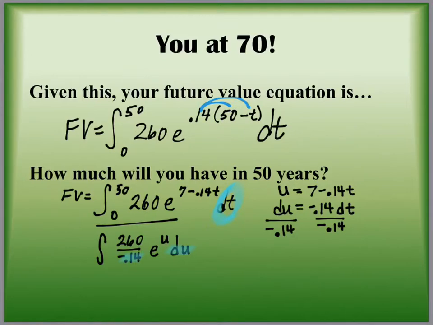Okay? Now, we like e to the x rules, right? The derivative of e to the x is e to the x, and the antiderivative of e to the x is e to the x. It's lovely. So the antiderivative of what I have here is actually this same function. And yeah, it would have a plus c, but I'm going to put values in, right? The 0 and the 50 here in a moment. I can't put the 0 and the 50 in for u, though. Why?